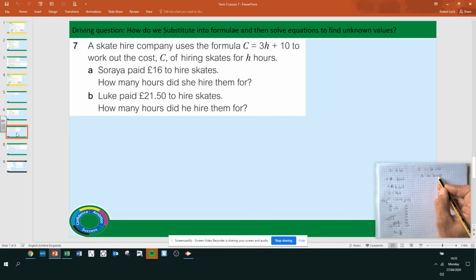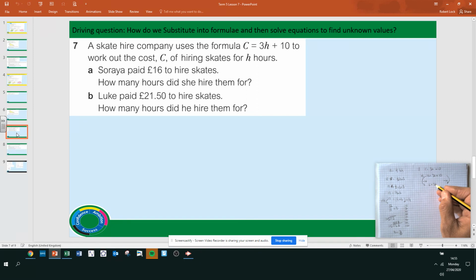Equation: get H on its own, get rid of this plus 10, so we take away 10 on both sides. So we end up with 16 take away 10 is 6 equals 10 take away 10 is 0, so just 3H.